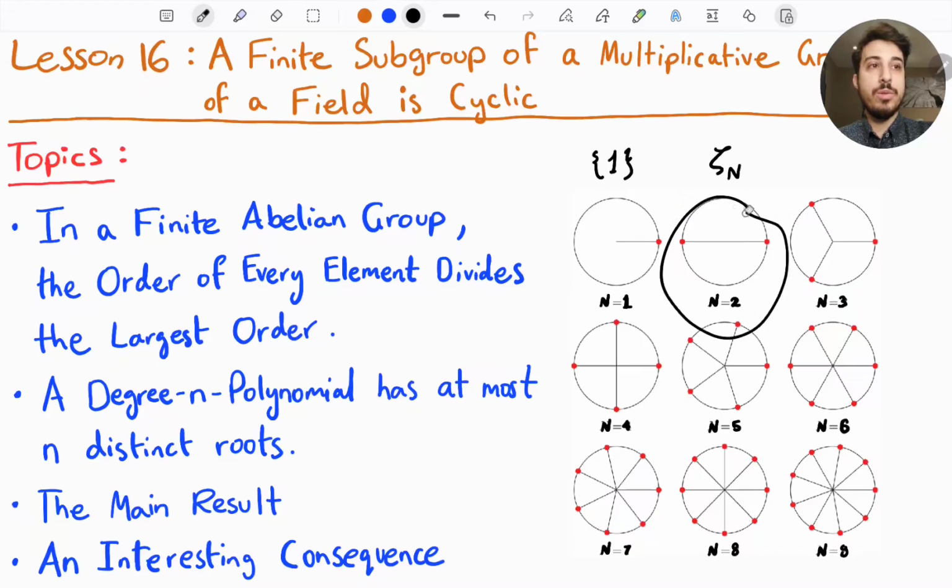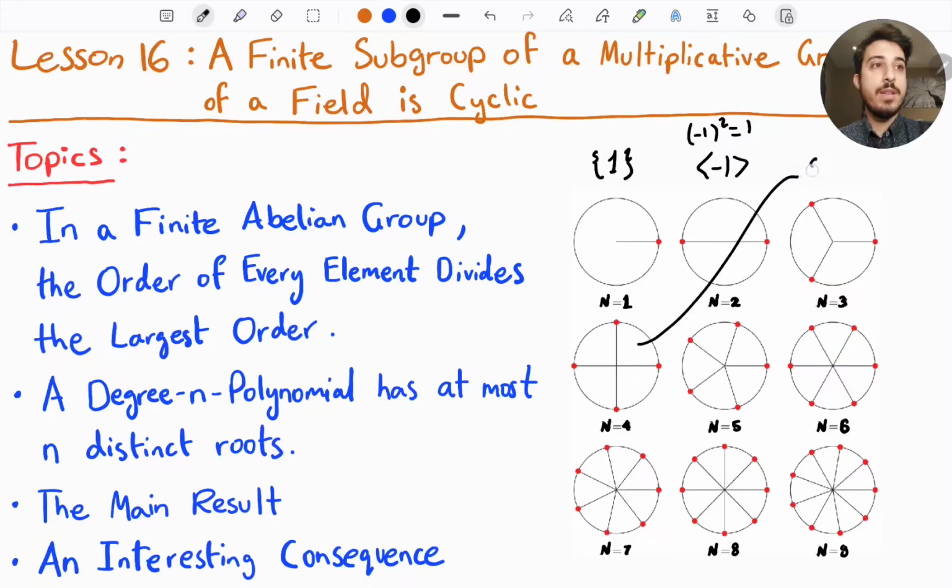For n equal to 2, we have the identity and minus 1, and this is all generated by the second root of unity, which is minus 1, because minus 1 squared is equal to 1. And for n equal to 4, we have 1, minus 1, i, minus i, all generated by the fourth root of unity, which is i, where i generates all of these points on the circle.